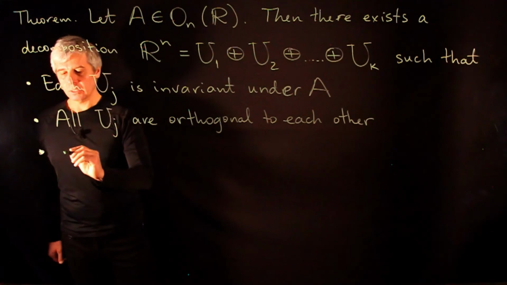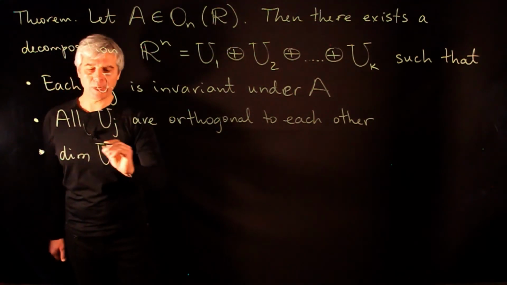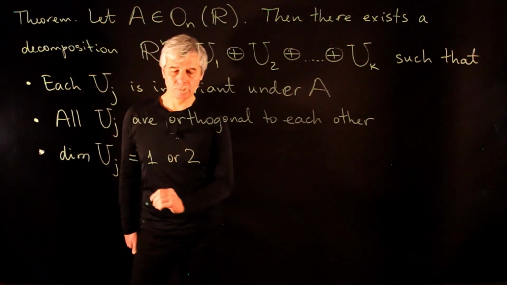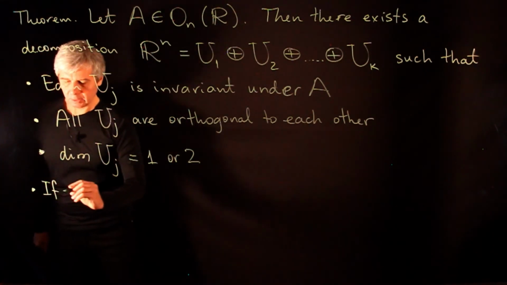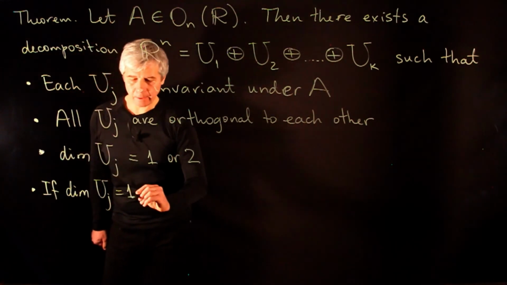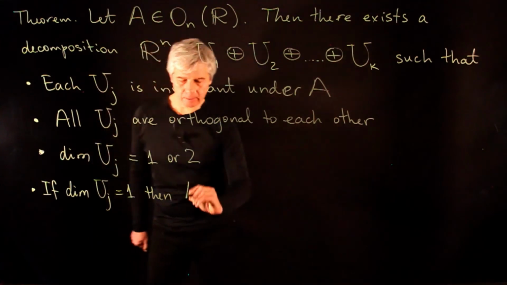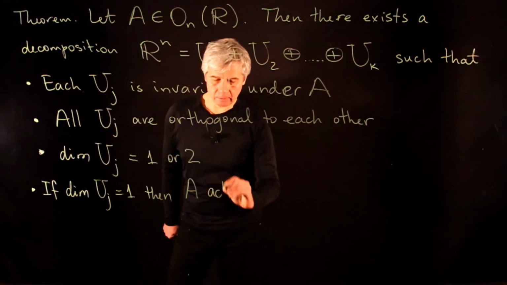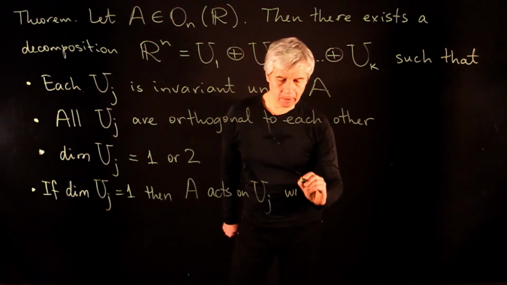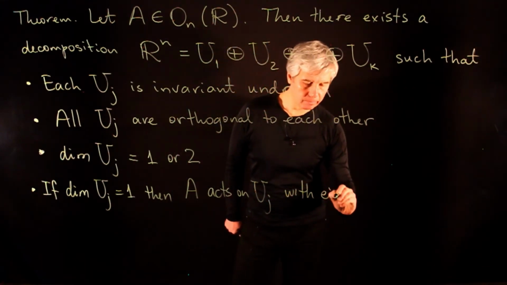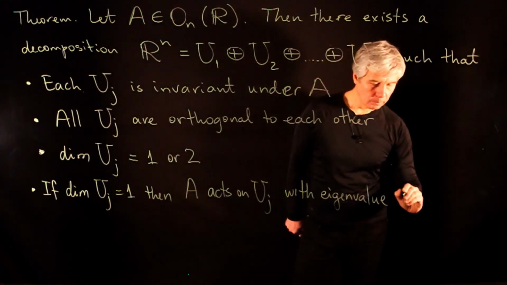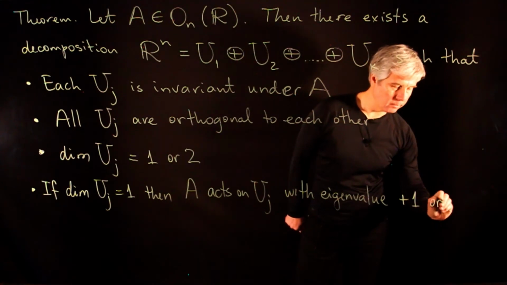Thirdly, the dimension of each subspace is equal to 1 or 2. So if the dimension of Uj is equal to 1, then A acts on Uj with eigenvalue +1 or -1.